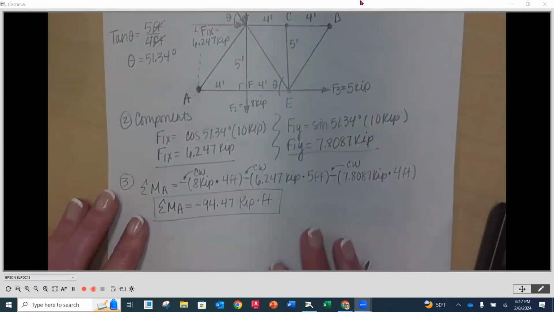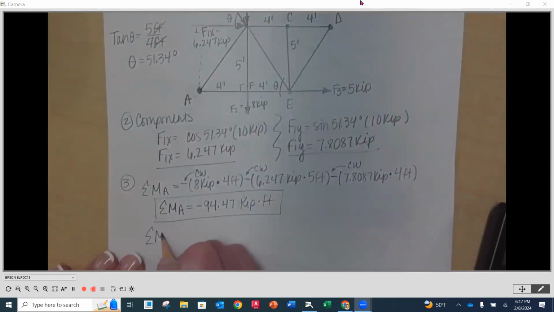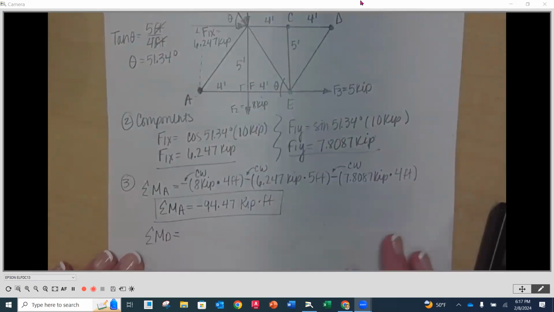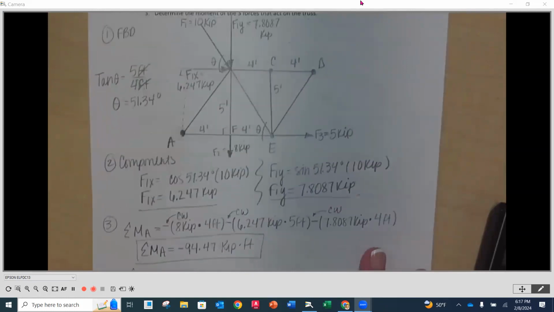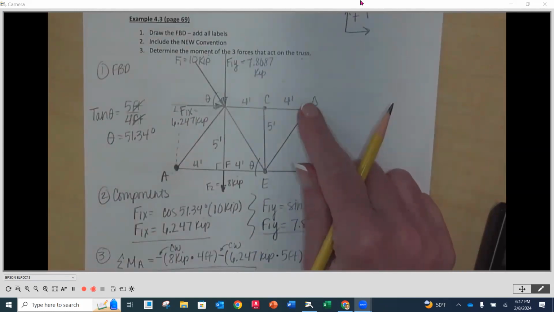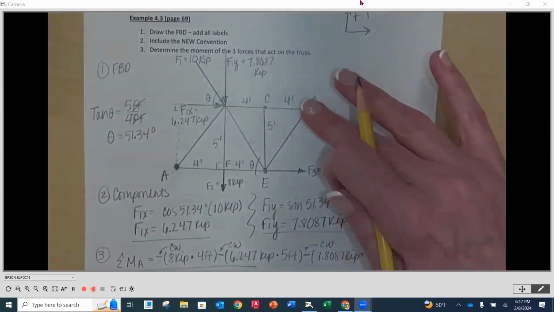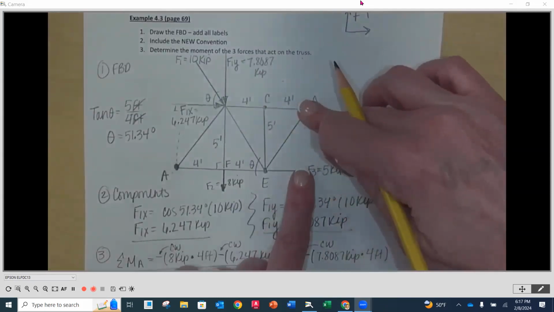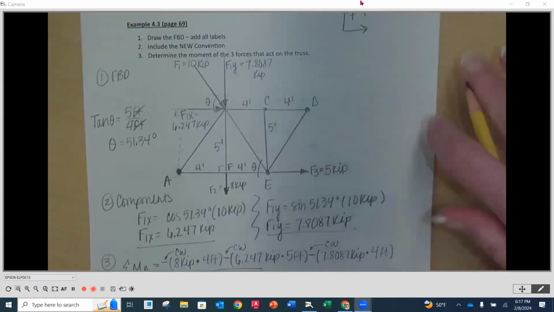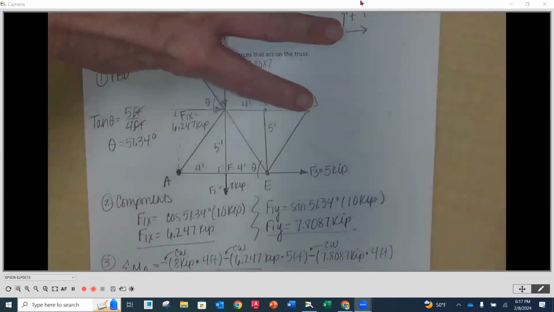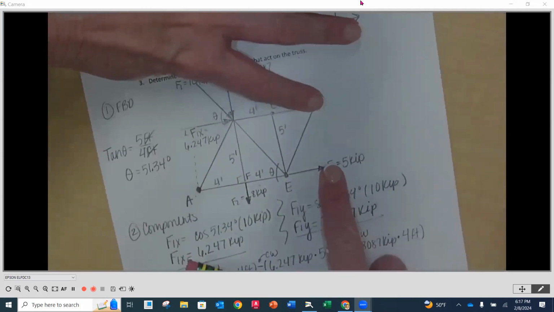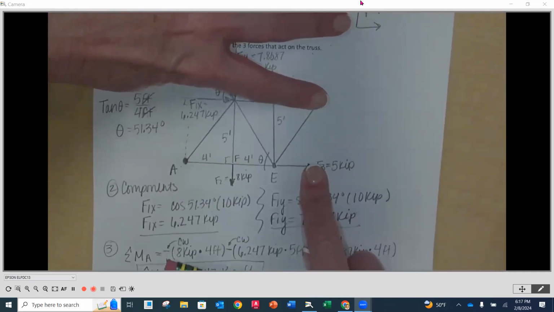We have to do one more moment around point D. Moment around point D. So if we go up here, we've got a new point now that we're going to put our finger on. Okay, so as we work around here, I'm going to put my finger on D. I'm going to rotate in the direction of, maybe I'll go this way. And I will pull in the direction of F3. It causes a rotation.